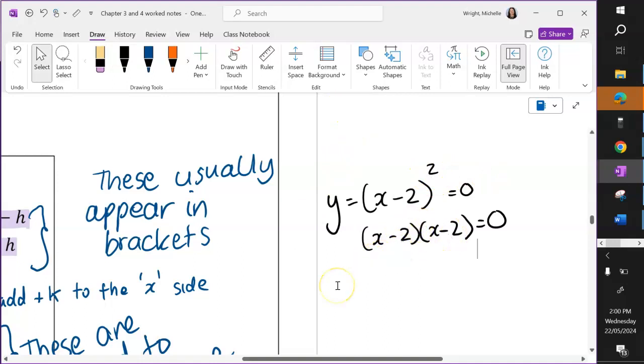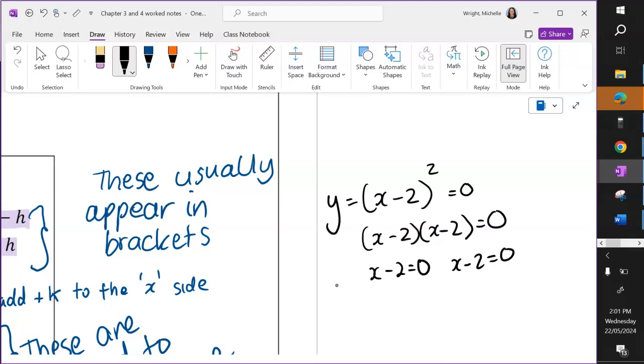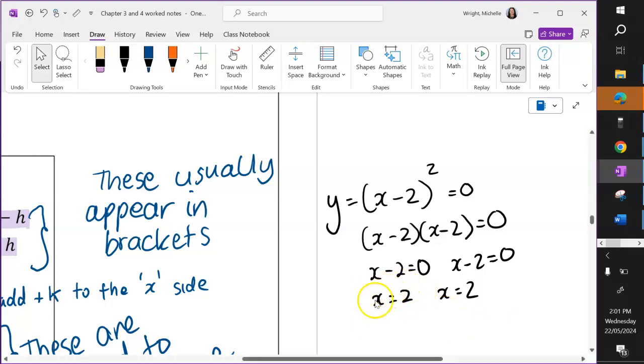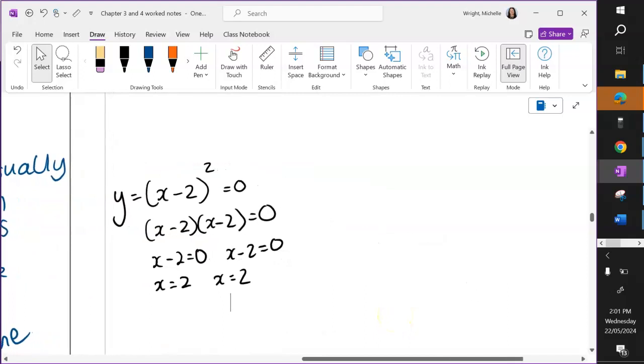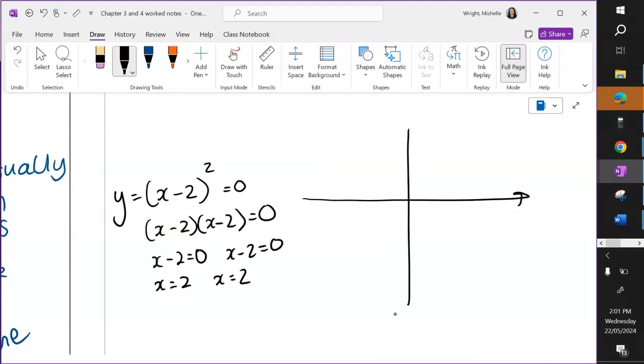If I set each of those brackets to 0, what I would end up with is x minus 2 is 0, x minus 2 is 0. Rearranging, I'd get x is 2, x is 2. So I'd have a double root at x equals 2. So what that means is my graph of x squared has moved to cut the axes at x equals 2.